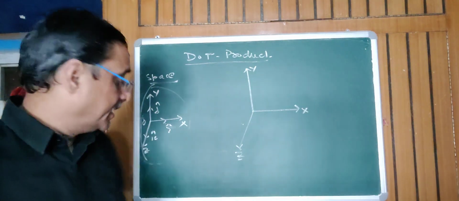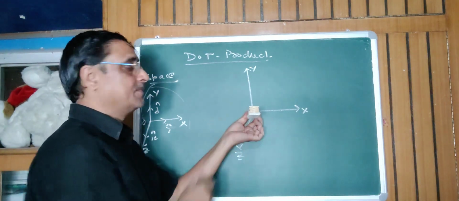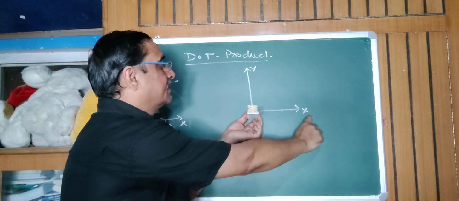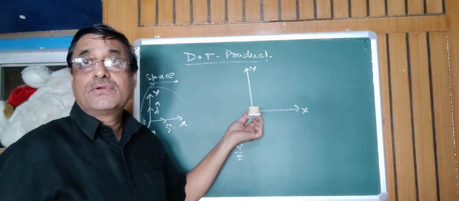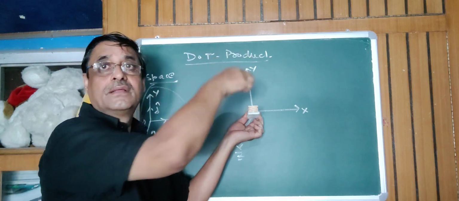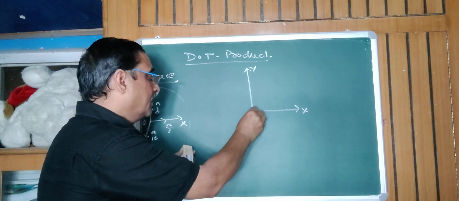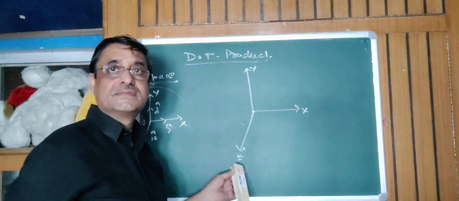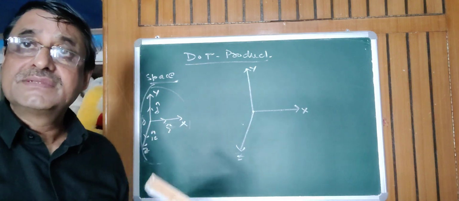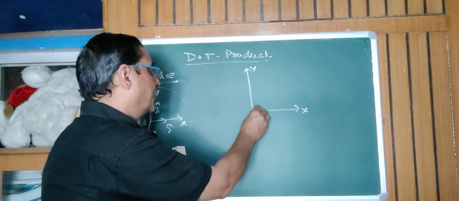And where this z is pointing, it is pointing towards yourself. Say for example, this is a duster. This is x-axis, this is y-axis, and this is z-axis. But since we cannot draw a line in the air, you cannot draw it like that. So conventionally it is shown that this is z-axis, and we know that this is z-axis, and actually it is like this, but we cannot draw here, so we draw it like this.